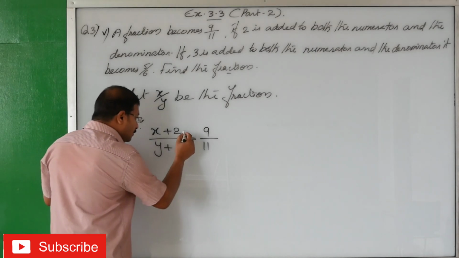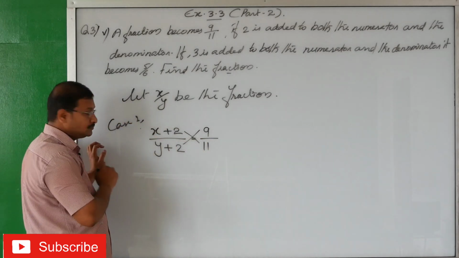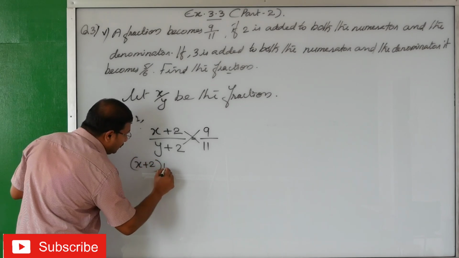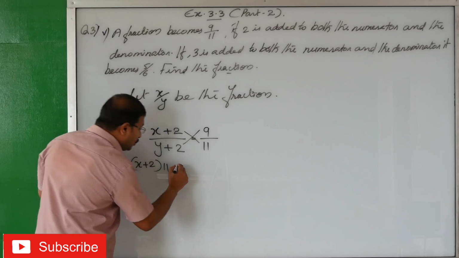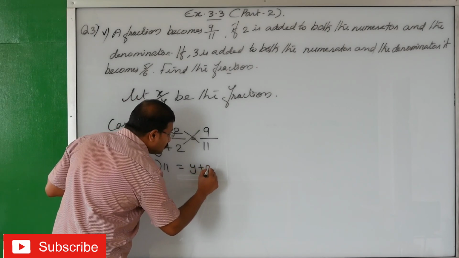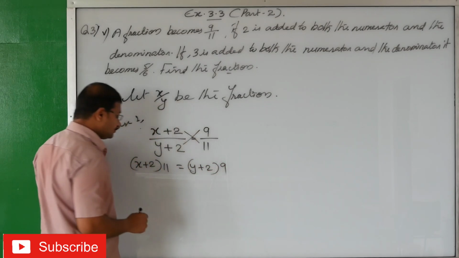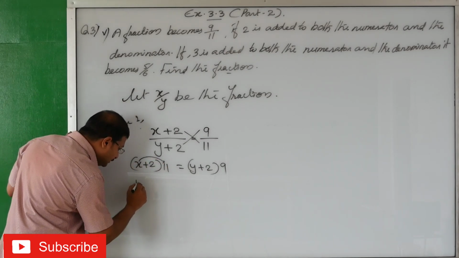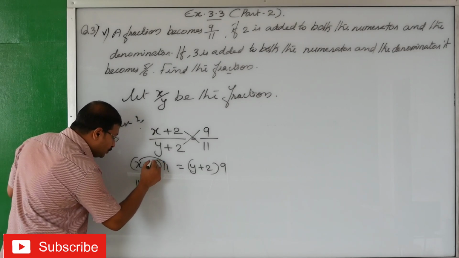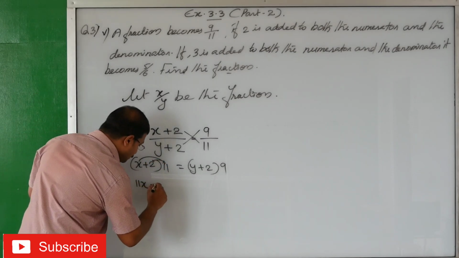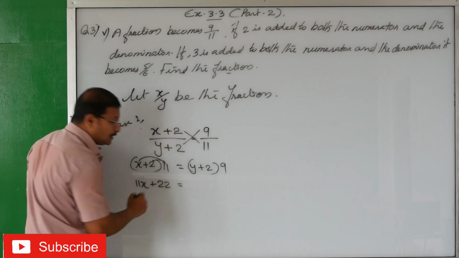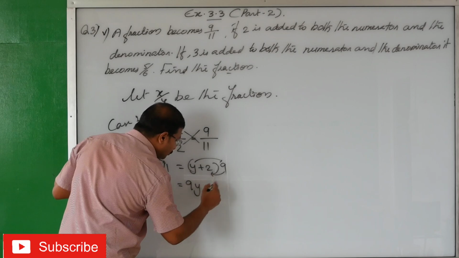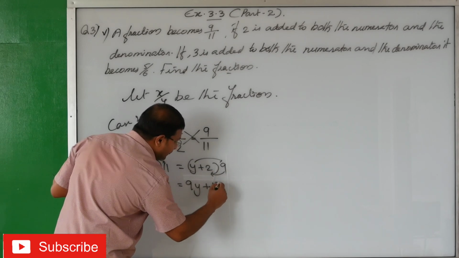Ready? Now what will we do? We'll cross multiply. So (x plus 2) into 11 equals (y plus 2) into 9. We will open the bracket. x into 11, 11x, 2 into 11, 22, equals y into 9, 9y, y into 2, 2 9s are 18.